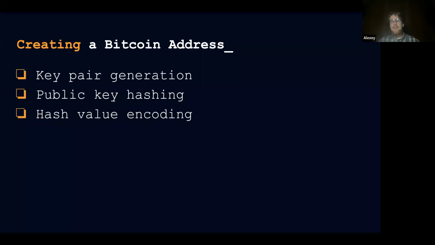By knowing these two things, the version byte and the hash value, the transaction creator can know what conditions must be specified in the transaction output in order for the owner of the key to obtain these coins.